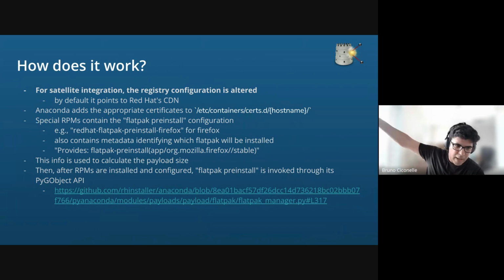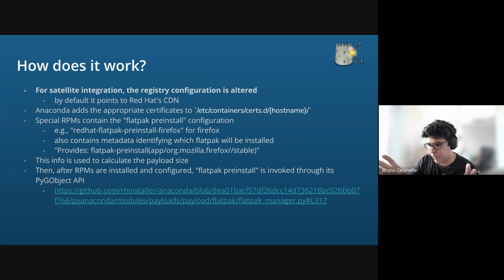Then Anaconda adds the appropriate certificates, and the desktop team prepared special RPMs that have Flatpak pre-install in their name. For instance, Red Hat Flatpak pre-install Firefox, and it contains metadata that's required for the Flatpak pre-install feature. It also contains some metadata with provides identifying, hey, this is the Flatpak that I want to install.